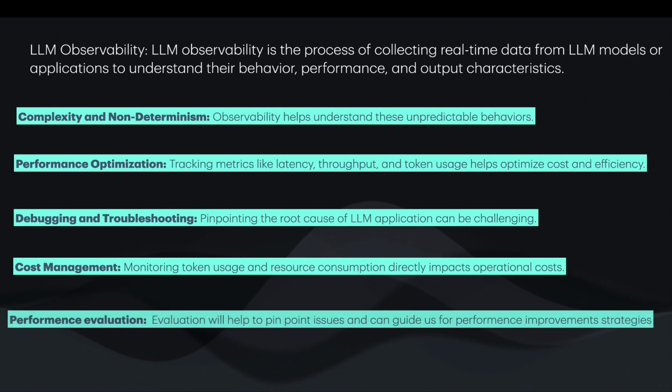Then we have the most important part, an inbuilt mechanism of performance evaluation, where you can have a standard dataset and keep running evaluations on top of it whenever you make any changes at your application level.